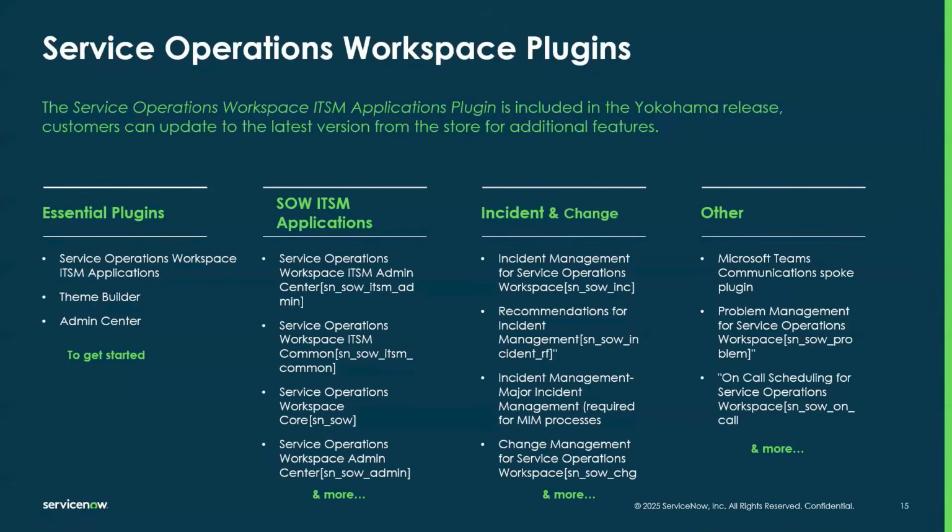I do want to give you a heads up about the SOW ITSM application plugin. It's included with the Yokohama release, but if you don't have the latest release just yet, no worries. You can upgrade to the newer version through the store that we just looked at. Each of those you can actually upload or purchase by themselves or separately.